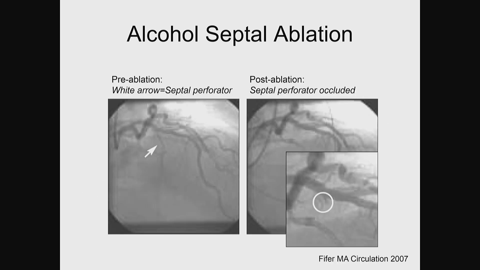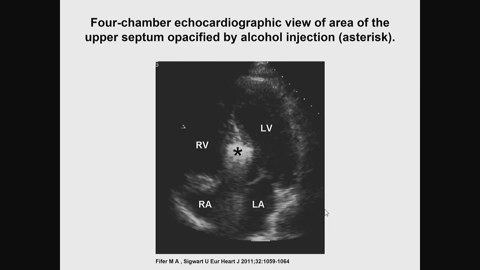These still coronary angiography images published by Dr. Pfeiffer in Circulation demonstrate the characteristic findings pre and post ablation, with the septal perforator clearly visualized here with the arrow and with magnification after septal perforator occlusion, we can see the absence of flow down that blood vessel.